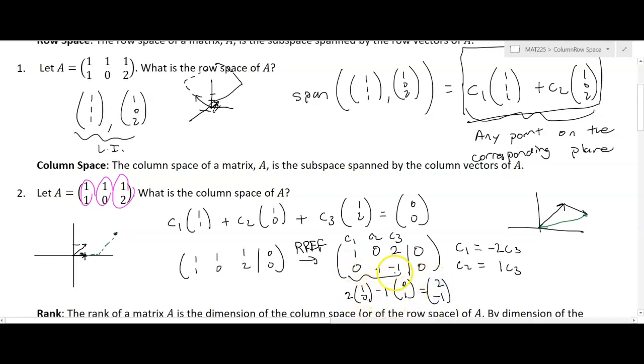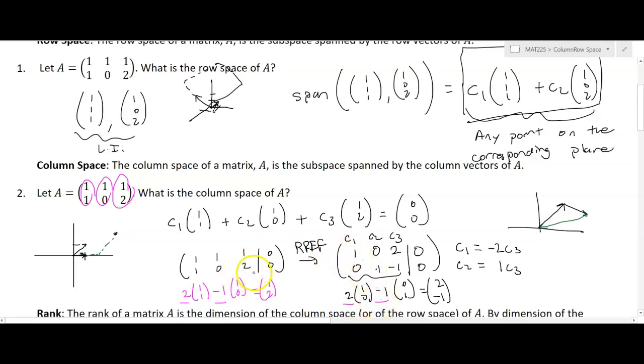You might say, but that's not the original set of vectors we were dealing with. The original set of vectors are 1, 1, 1, 0, and 1, 2. But look at this. If I take 2 times 1, 1 minus 1 times 1, 0, guess what that gives me? Well, that's going to be 2, 2 minus 1, 0, which is equal to 1, 2. And so you see the same scalars apply over here as well.